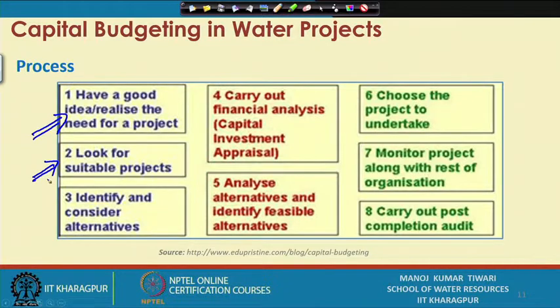Then comes the identification and consideration of these different alternatives. How we can identify the different alternatives and what to consider will be based on our further analysis, which comes under the next aspect when we carry out the financial analysis. In this financial analysis, we see whether capital investment is worthwhile for this project or not, based on the appraisal of the investment.